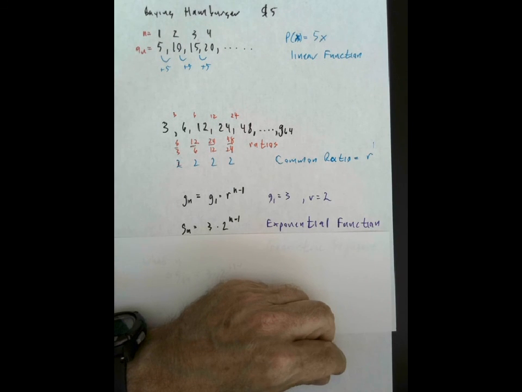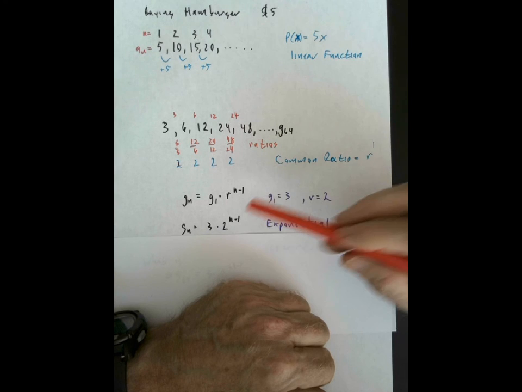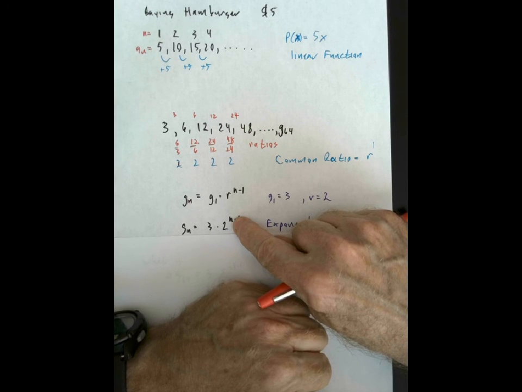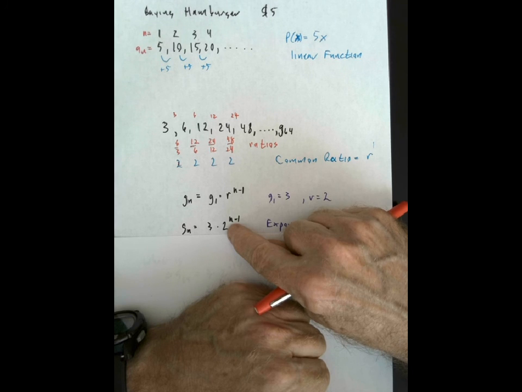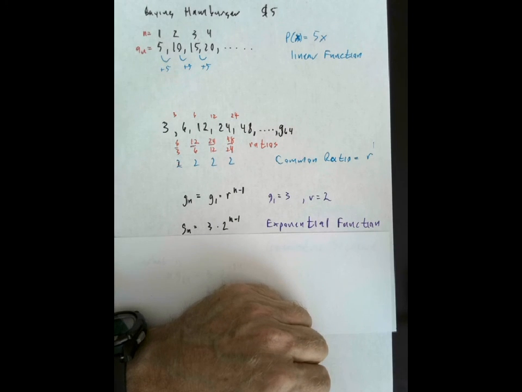We called this an exponential function because the variable, the domain number, x, was in the exponent position, and the base number was a constant, right? In this case, 2. So we called that an exponential function, right?